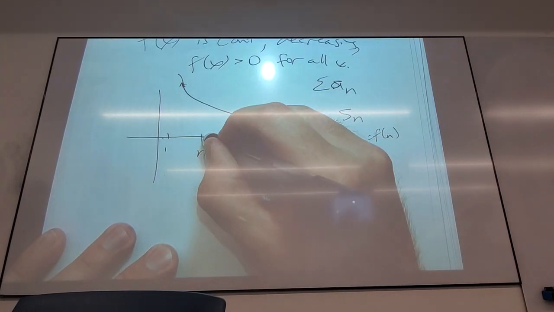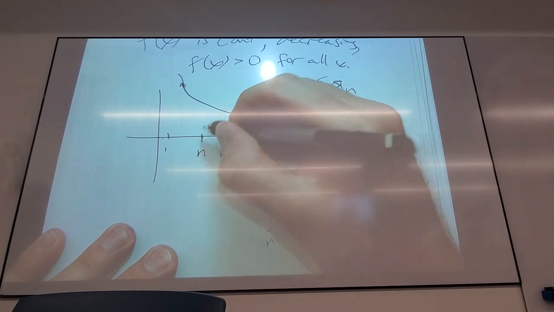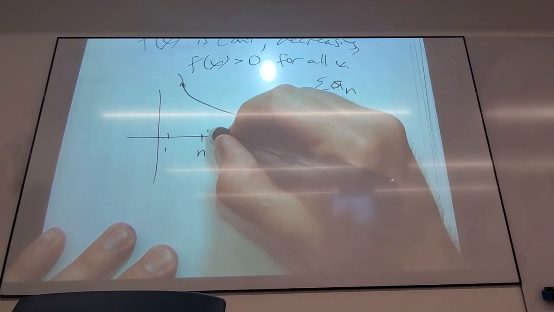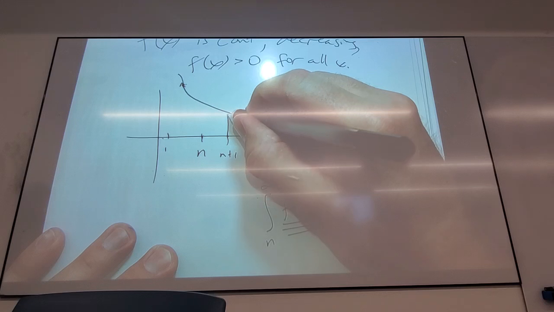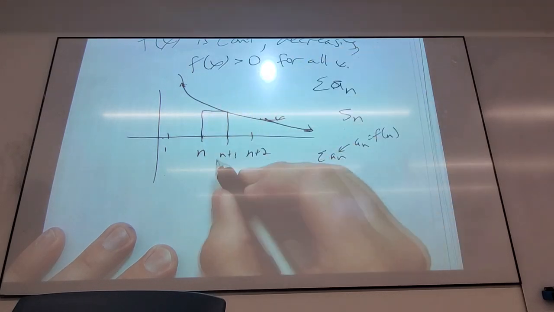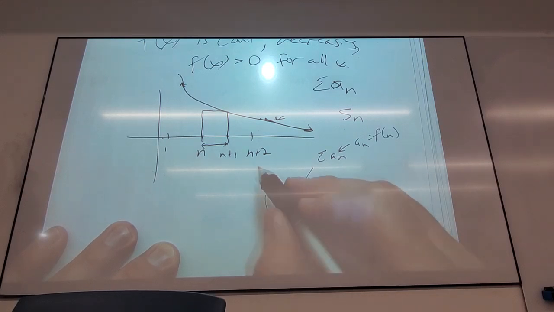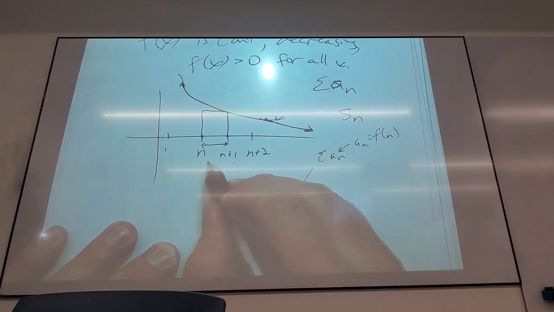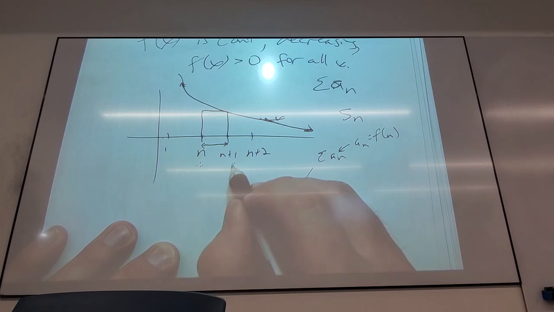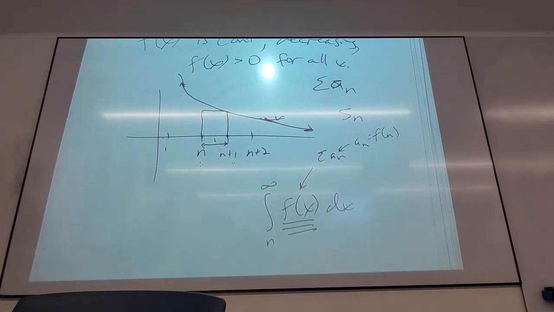So bringing back, let me see if you guys are cool with this. If I bring back Riemann sum kind of stuff here, how wide is this rectangle? n plus 1? No. What's n plus 1 minus n? 1.